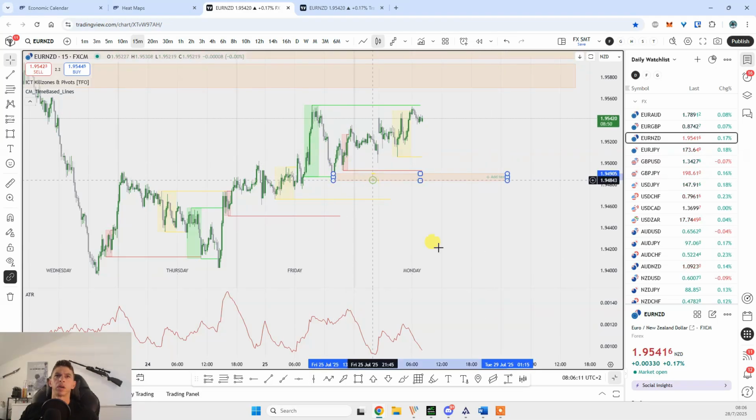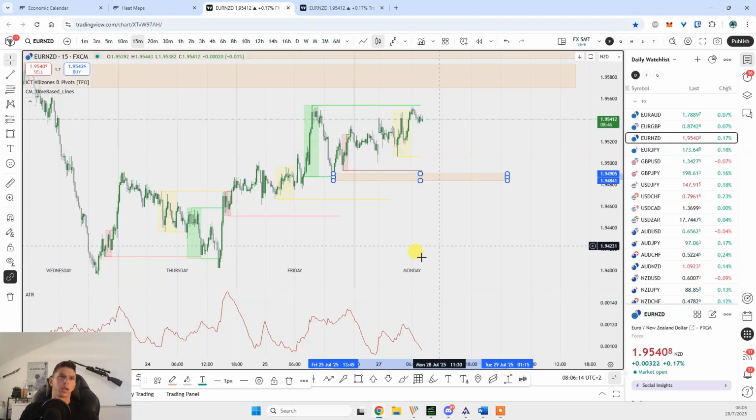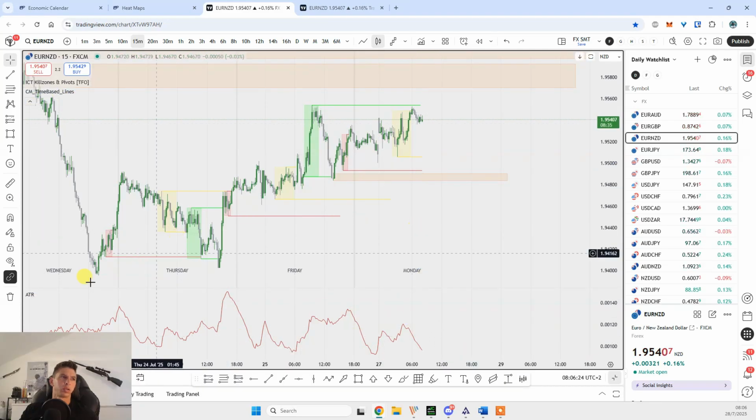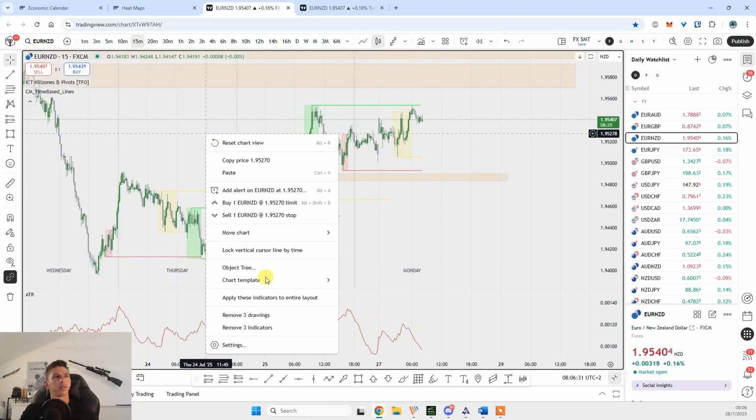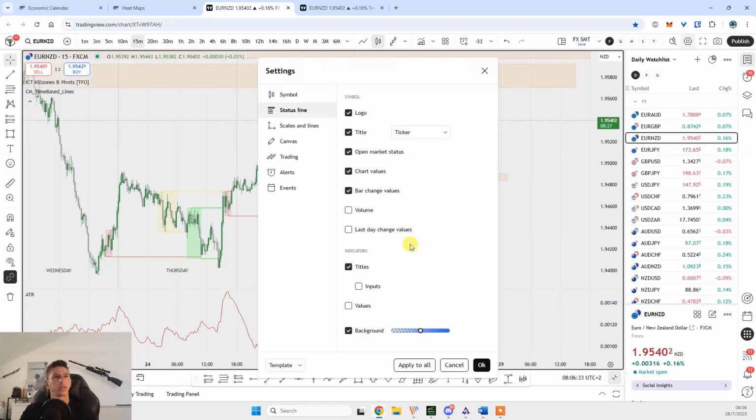So, how many pips is this? 98 is 6 pips. And the average... why don't I have the ATR parameters here? Because I don't have the arguments, so let's put settings.